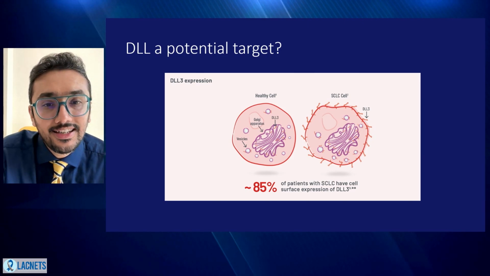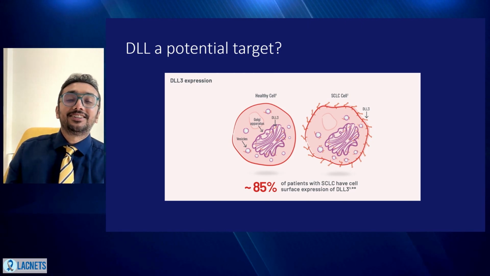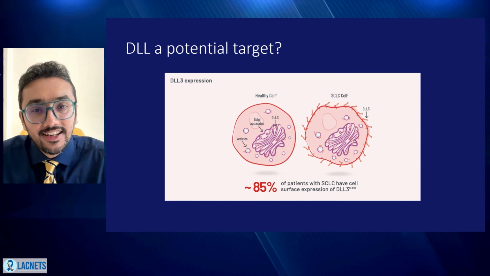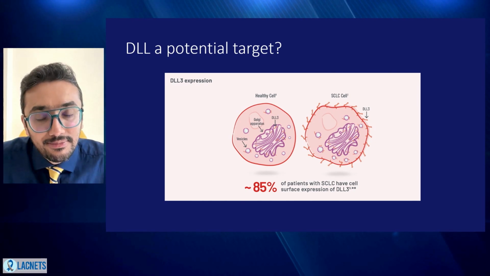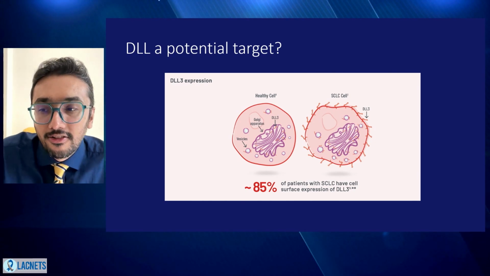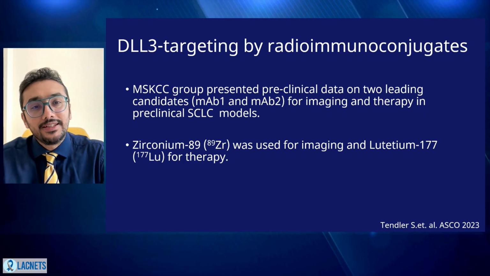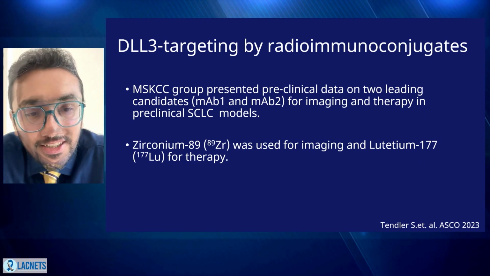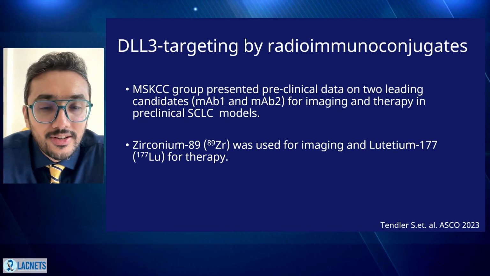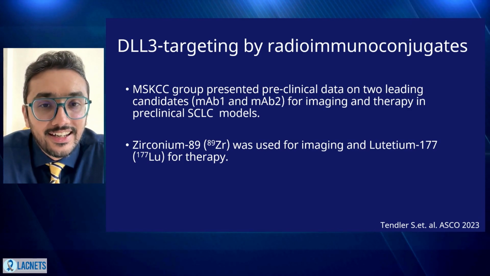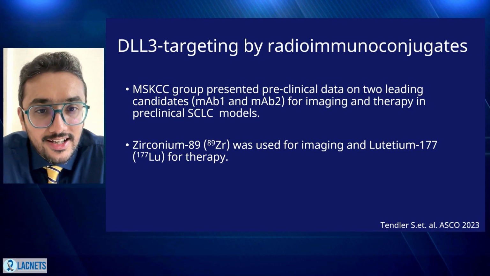And last but not the least, if we can target somatostatin receptors, why not DLL3, which is expressed in 70 to 80% of all small cell lung cancer? Well, there are very exciting developments on that front as well. Last year, there was data at ASCO which showed, from preclinical modeling, that this targeting can be used for theranostic purposes.